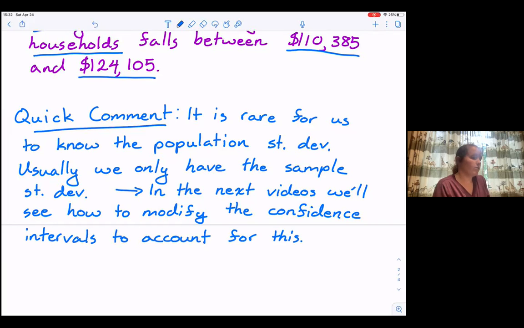So that's confidence interval for the population mean, for now, when we know the population standard deviation in advance.